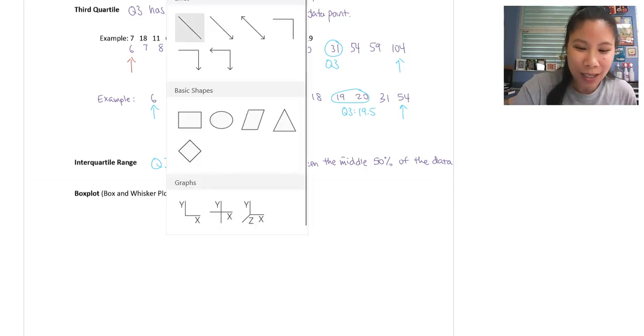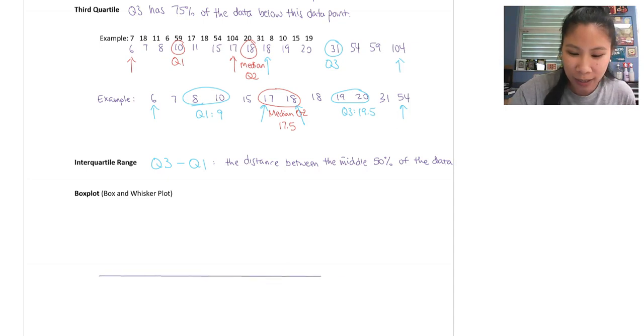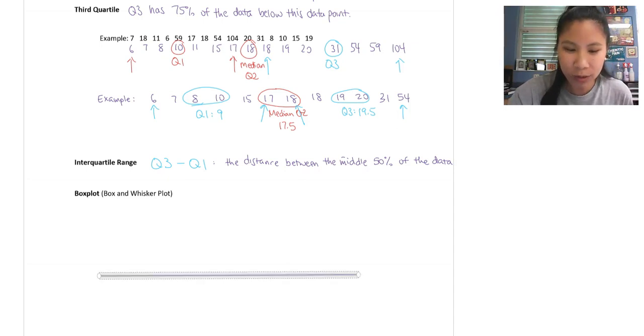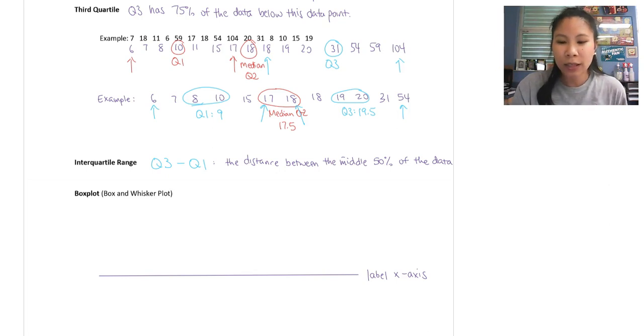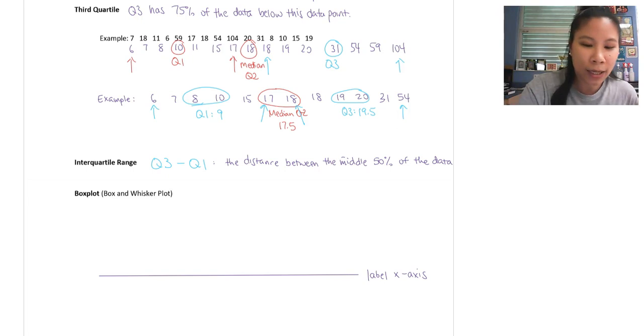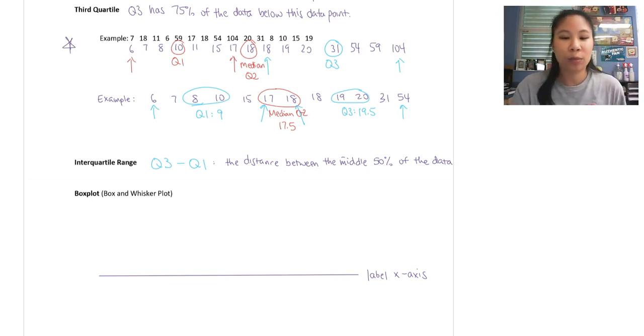To make it, you just need to set up an x-axis, and of course we're always going to label our x-axis with whatever your data set stands for. Then we're just going to look at the numbers that we have. I'm going to use our first data set, where we had numbers from 6 all the way to 104.